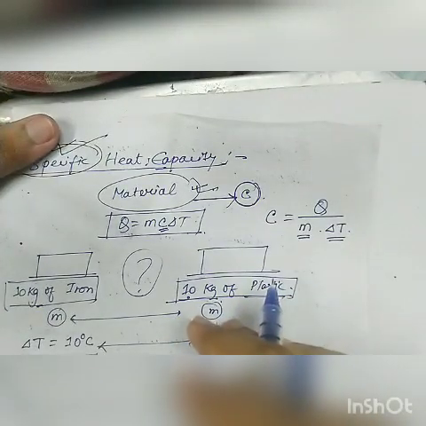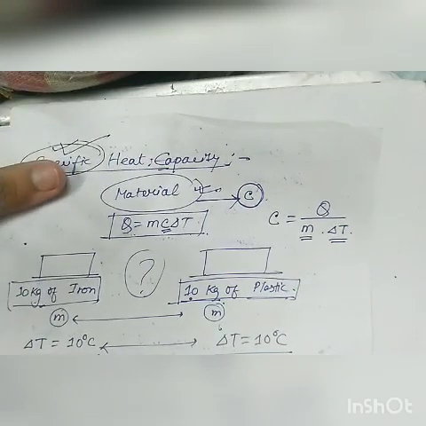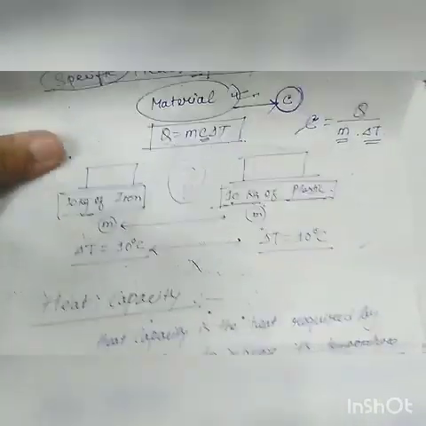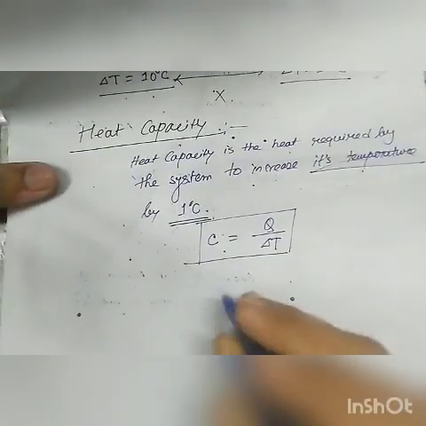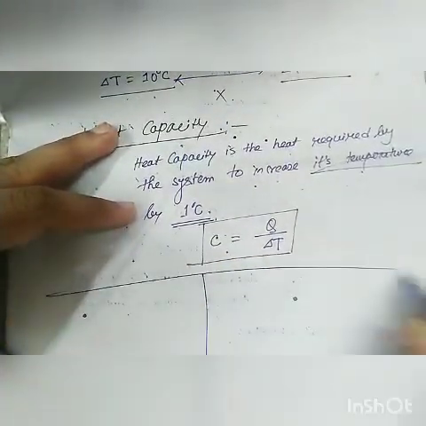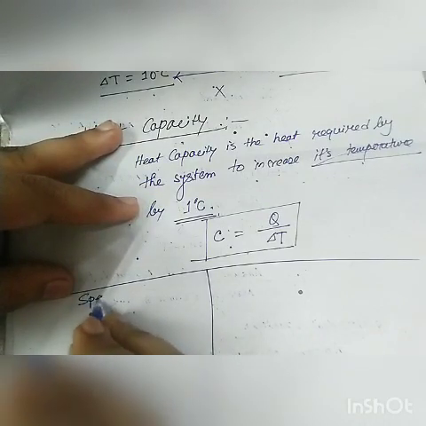So this specific heat capacity is usually represented by a small c, whereas the heat capacity is represented by a capital C. So we can see the very easy relation and the very easy differences.